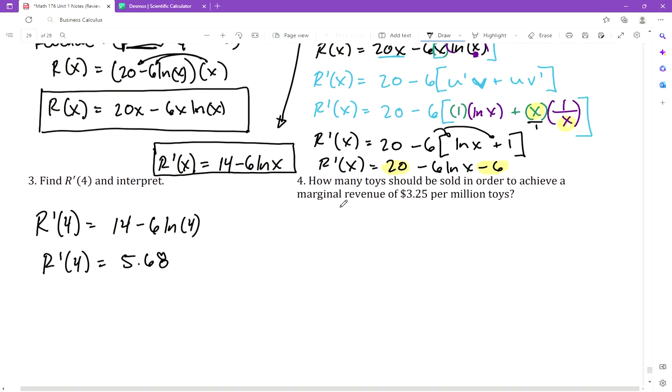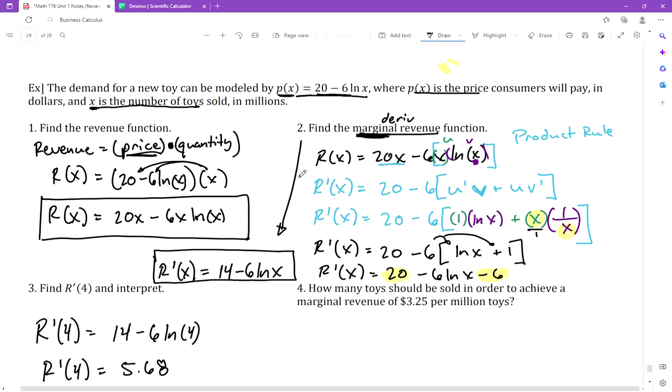Okay, so that means, and it's a positive number, so this means revenue is increasing at a rate of $5.68 per. Okay, so let's also make sure we're careful with this. So x is in number of toys in millions.